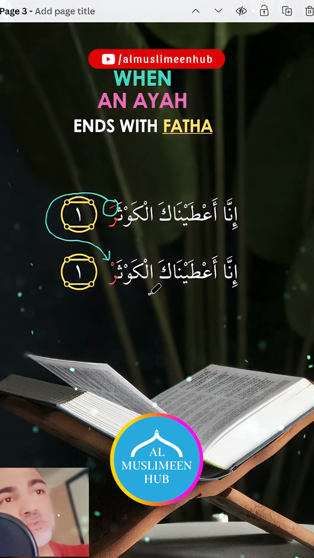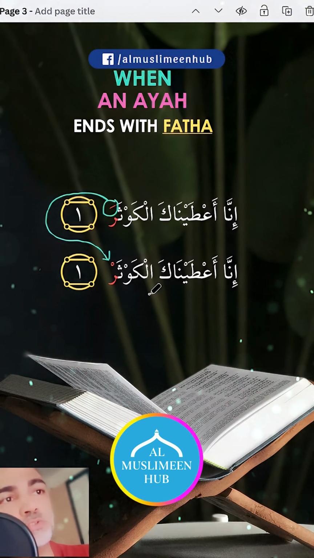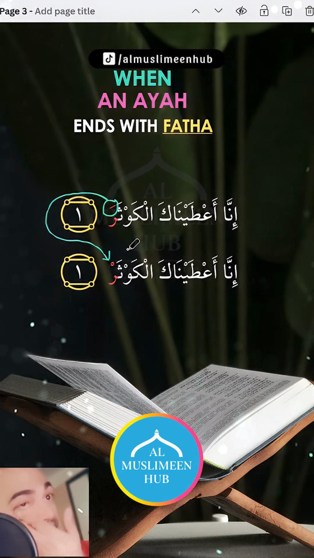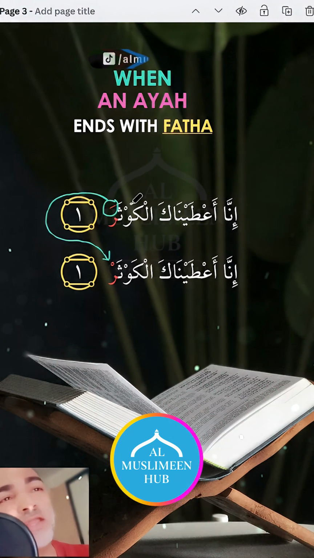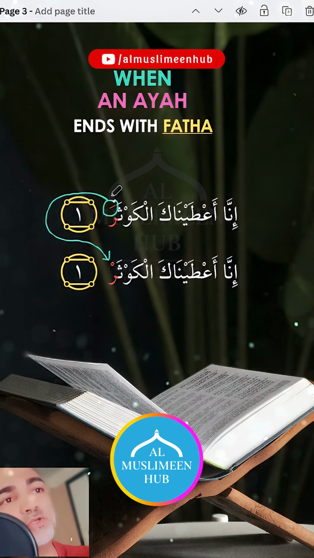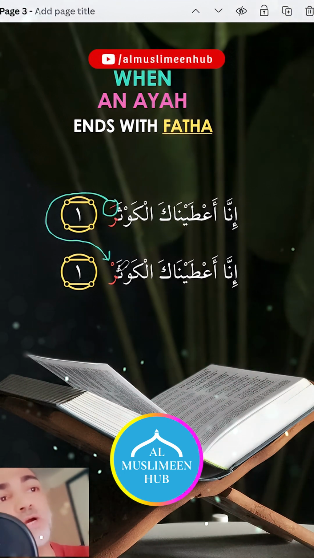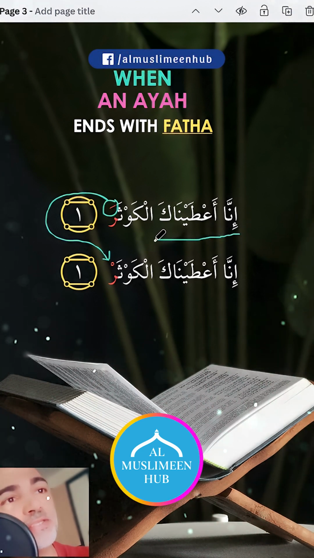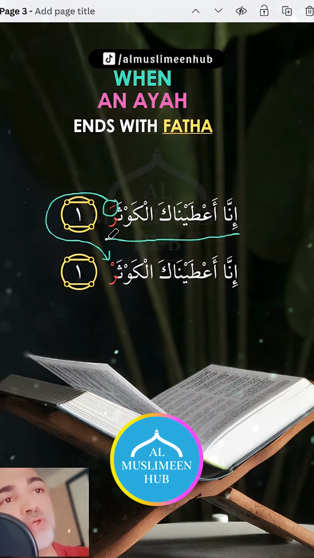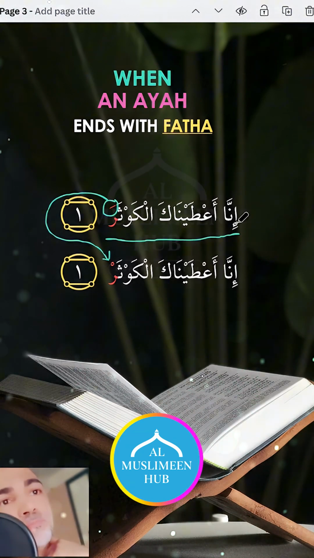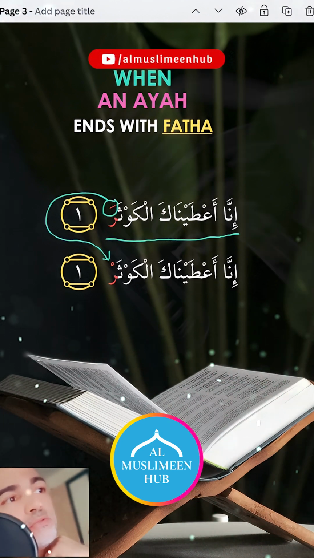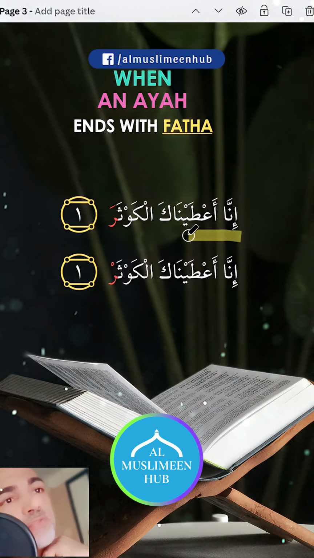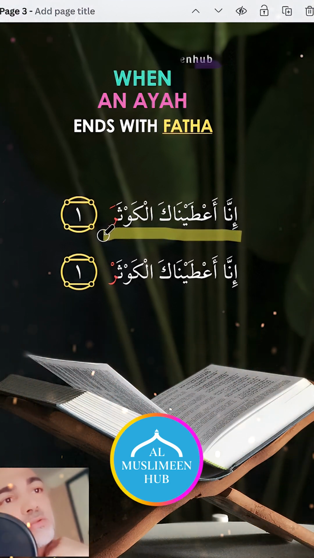So that was a basic pronunciation of the sounds. And same as those rules, when you see that the words of an ayah in the Quran end with fatha, the last fatha will be replaced with sukoon down. You can see it down. Let me read an ayah for you. Inna a'tayna-kal-kawthar. If I don't stop right there, then the ayah will continue.